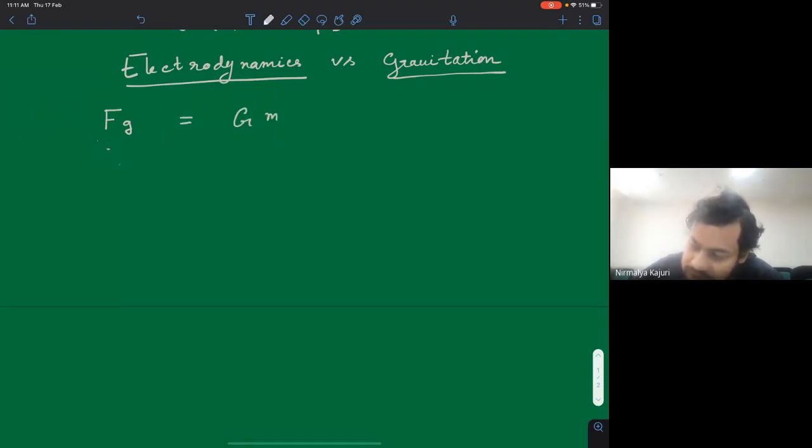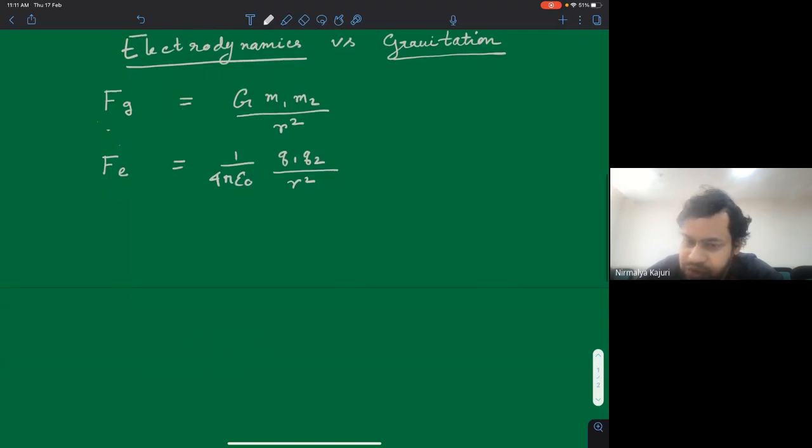It's given by G m1 m2 by r square. The magnitude of the force, that is what we are comparing. And the electrostatic force is 1 by 4 pi epsilon naught q1 q2 by r square.